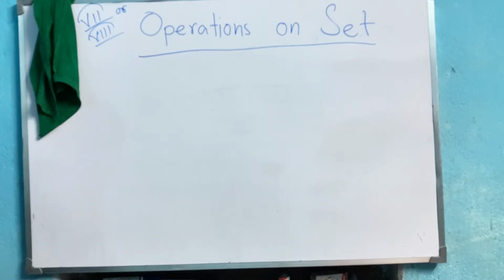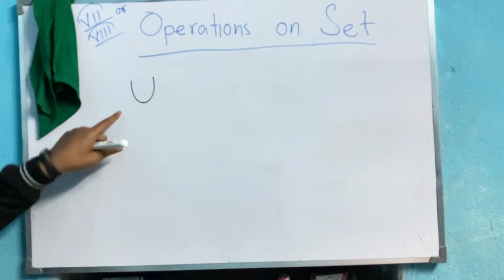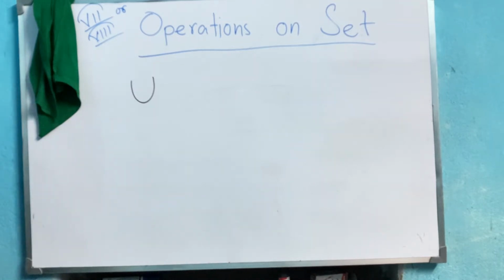So let me start with the union of two sets. The union of two sets is written by this symbol, U. This U means the union of two sets.